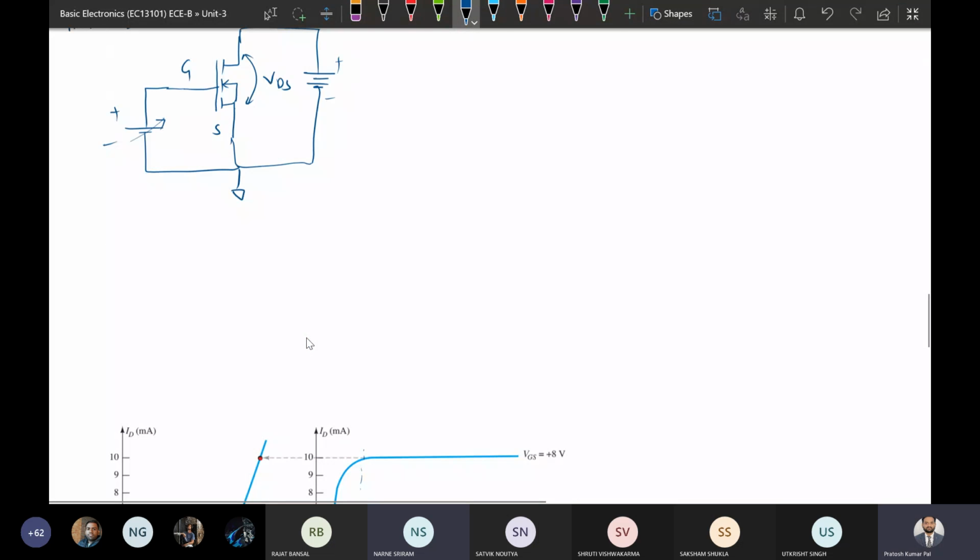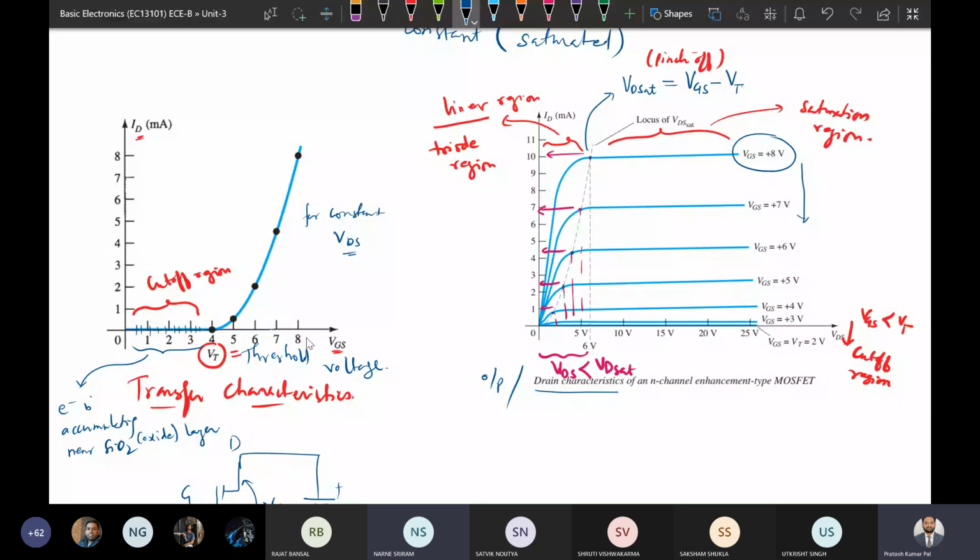Along with that, in saturation, you can see from here, this is the region of saturation, from this point to this point, up to here. Saturation starts if we apply VDS greater than VDsat. This is the point of VDsat.